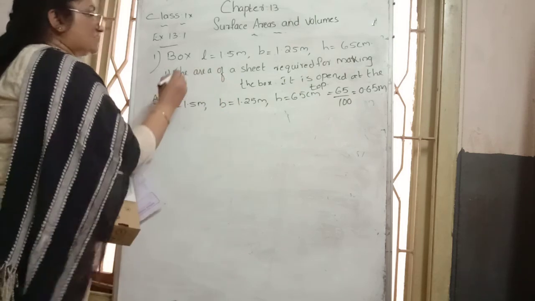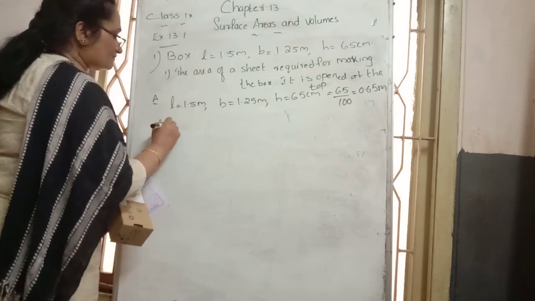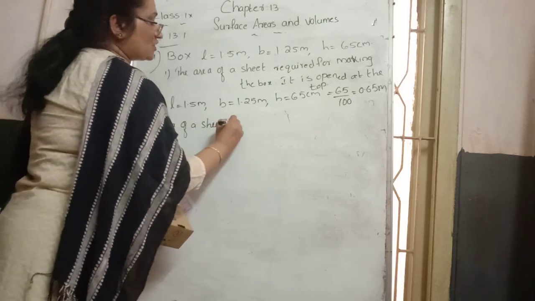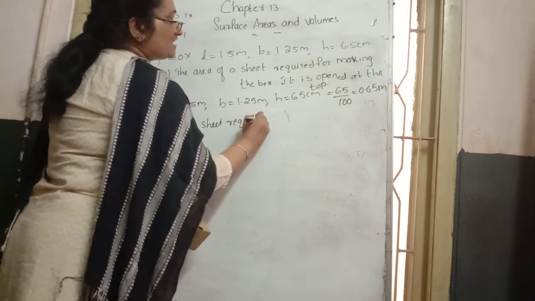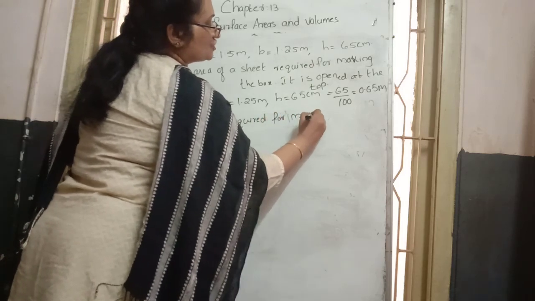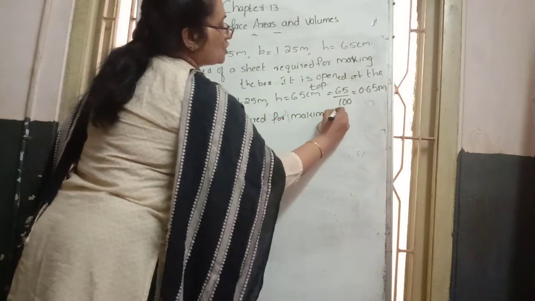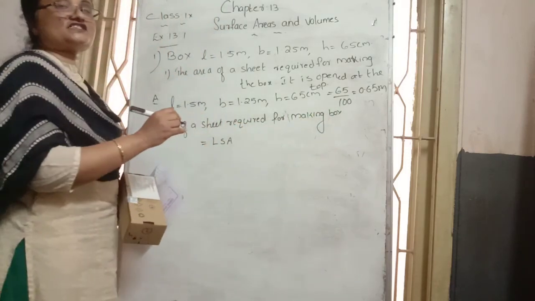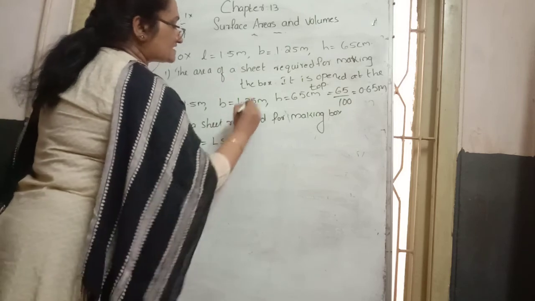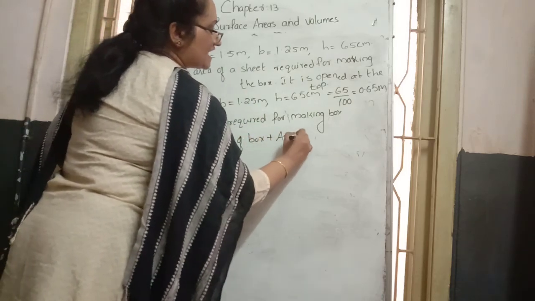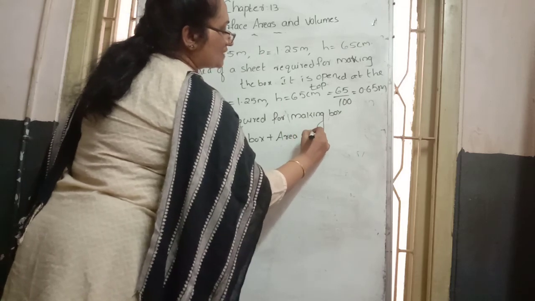So the easy way: area of sheet required for making the box is equal to LSA of cuboid plus area of rectangle.